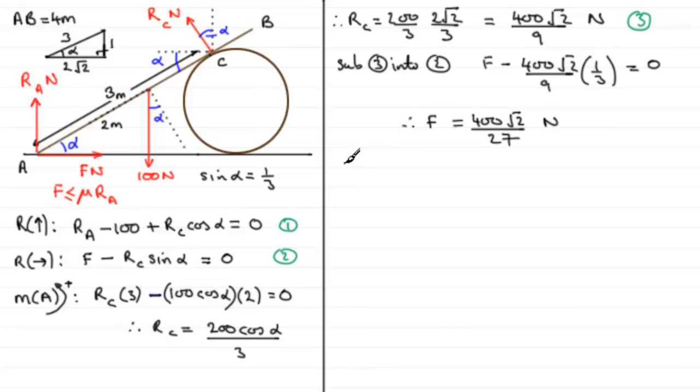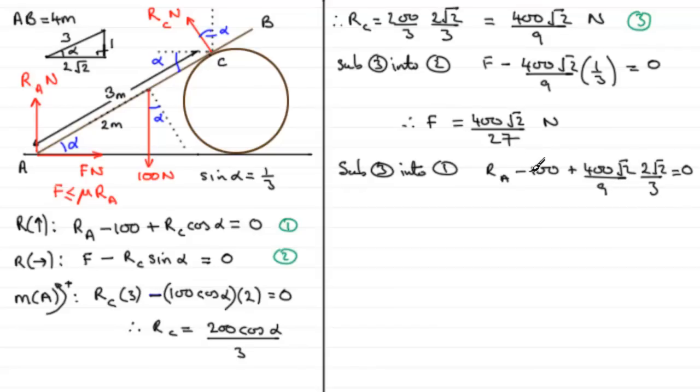So if we sub equation 3 into equation 1, we have RA minus 100 plus RC, which is 400 root 2 over 9, multiplied by cos alpha, so 2 root 2 over 3, multiplied by 2 root 2 over 3, and that equals 0. If you add 100 to both sides and subtract this value, either on your calculator or in your head, RA would equal 1100 over 27 newtons.